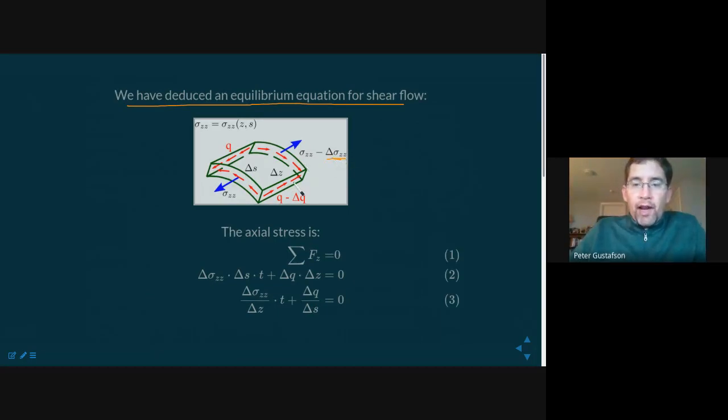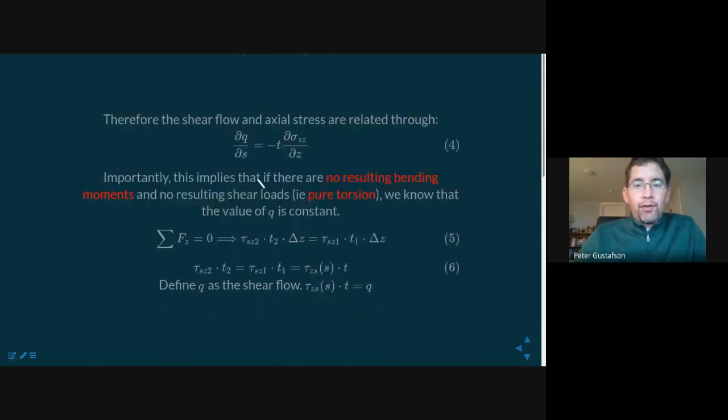Okay, so sigma, this is the change over this distance delta z. We're going to get a small change in bending stress, at least theoretically, although in a minute we're going to make an observation about that. And then, of course, we have the shear flow. So this was the calculation that we looked at previously. In the limit, as these lengths become small, this became a derivative, and this is that derivative.